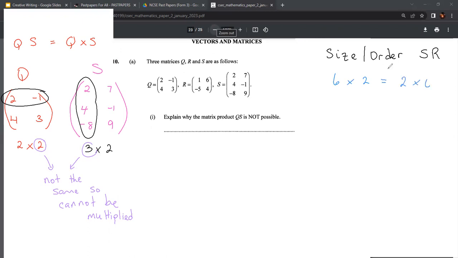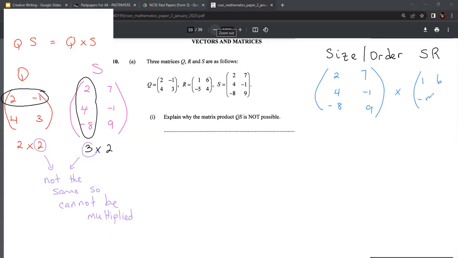But in a case like this with matrices, if I multiply S times R, it may not be the same as R times S. So they wanted SR. So S is first. Now they never asked us to solve it. They just asked you for the size. So S times R.